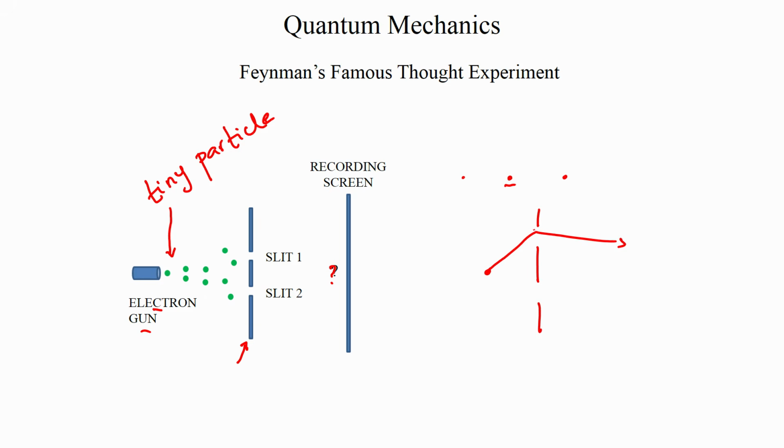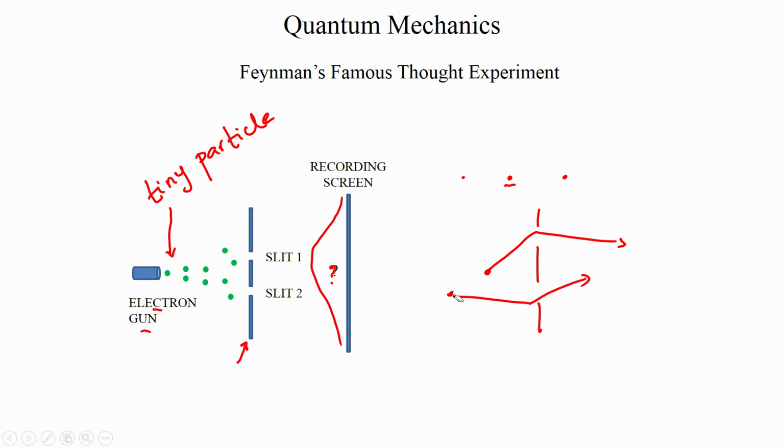So maybe this electron went through this slit, the second electron went through this slit, and so on. And what you would expect to see is a distribution that looks not very different from our experiment on marbles, right.